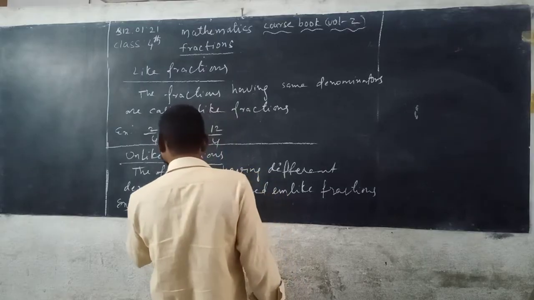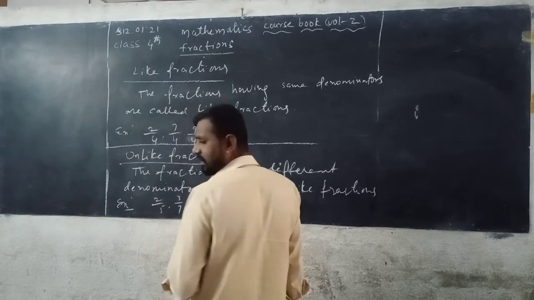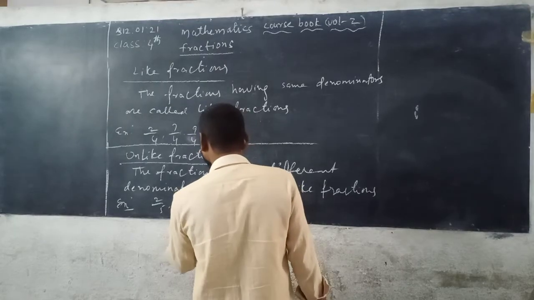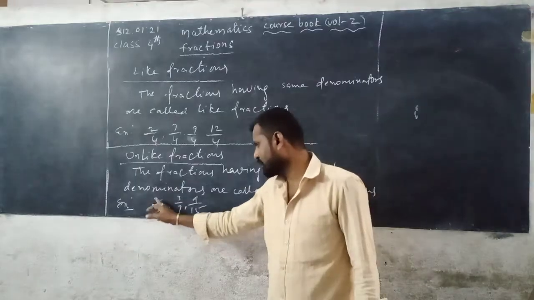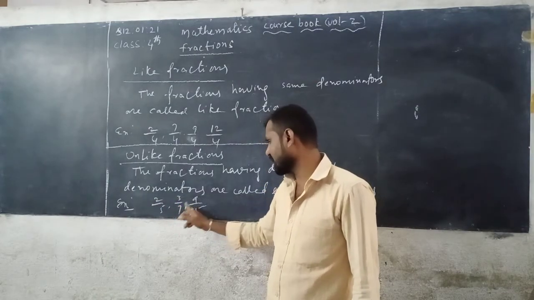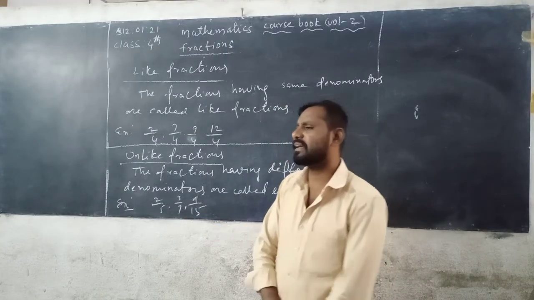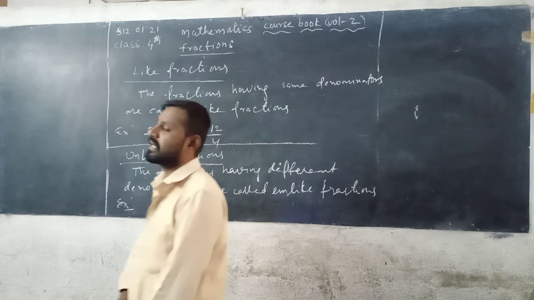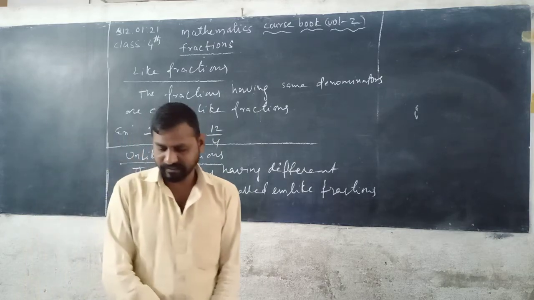Example, see here, 2 by 5, 3 by 7, 9 by 15. Did you observe? In 2 by 5, 5 is the denominator. In 3 by 7, 7 is the denominator. In 9 by 15, 15 is the denominator. The fractions having different denominators are called unlike fractions.